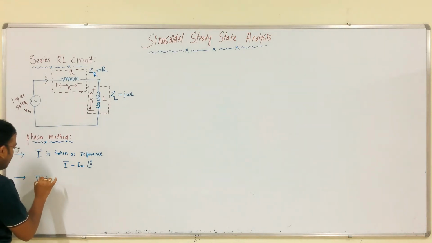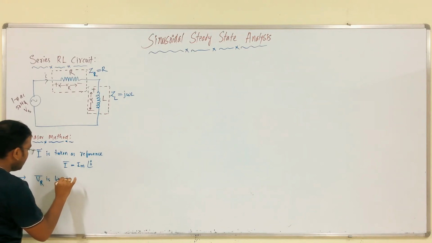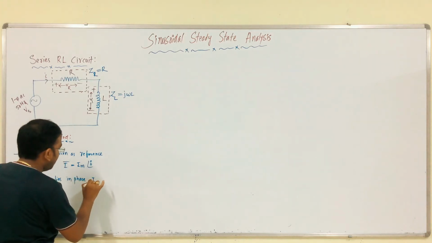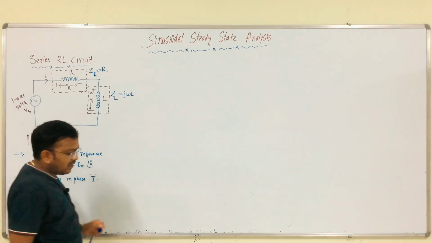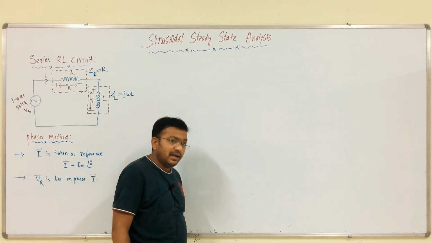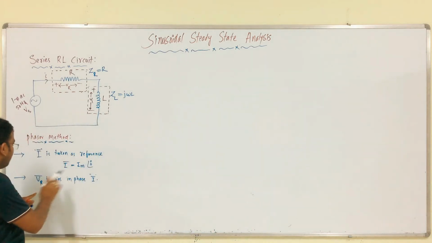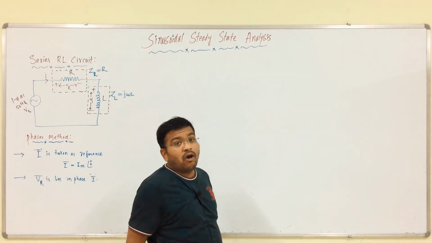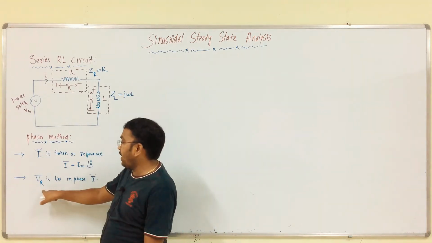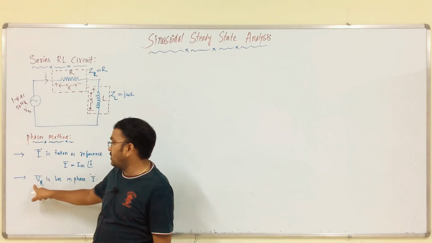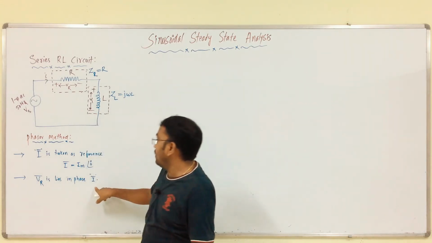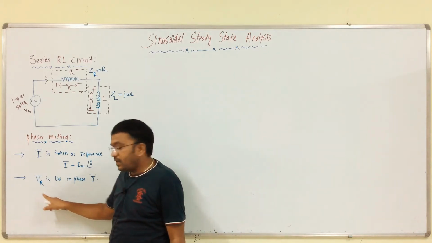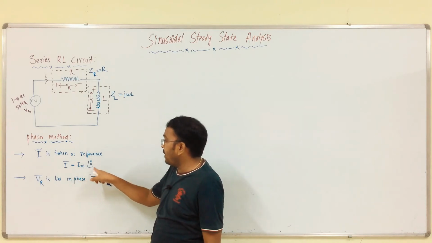VR lies in phase with current, right? What is the voltage across resistance? Voltage and current are always in phase with respect to R, right? Voltage across resistance is always in phase with current, because there is no phase angle with respect to R. That is why here we are considering Im at an angle 0.